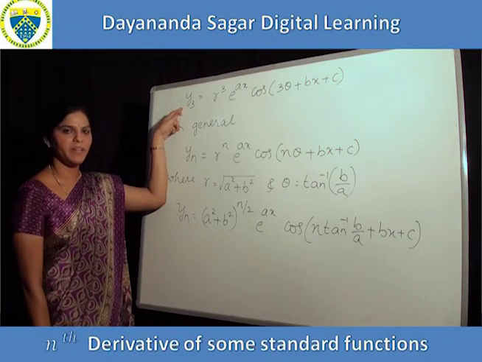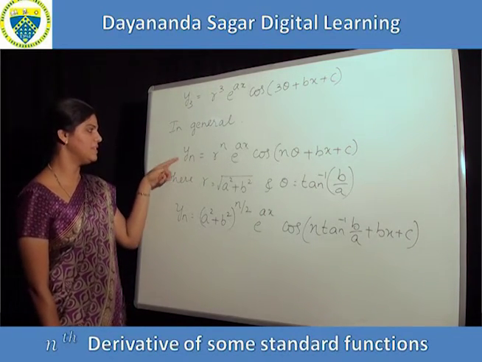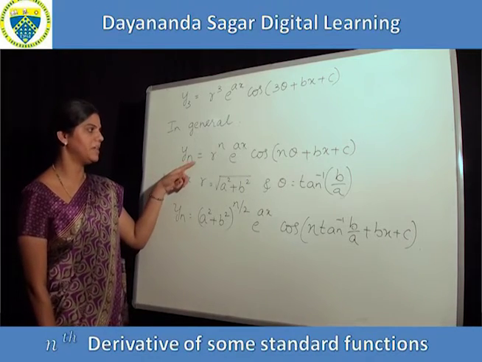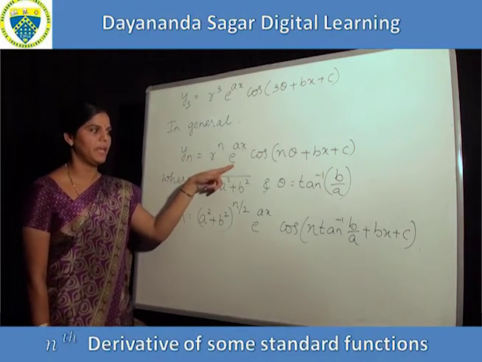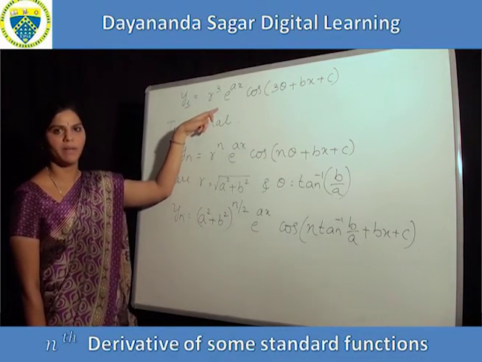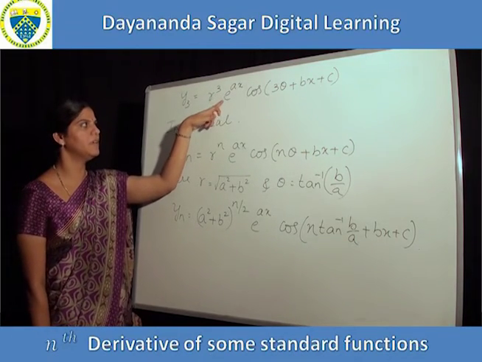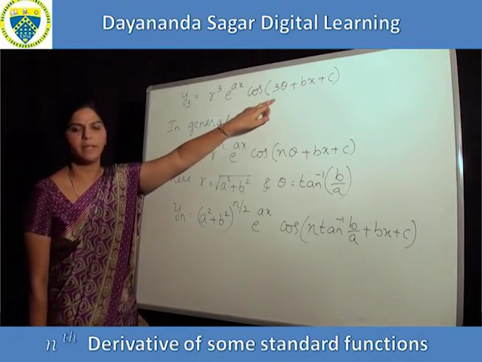From the third order derivative we can generalize and write the nth order derivative. So in general the nth order derivative yn can be written as r power n e power ax into cos n theta plus bx plus c. So in third order derivative you have r cube e power ax, so the power of r is 3, e power ax into cos 3 theta plus bx plus c.